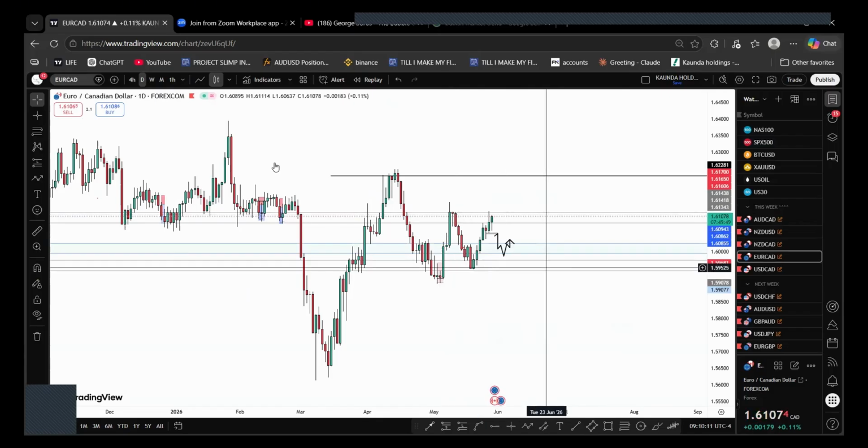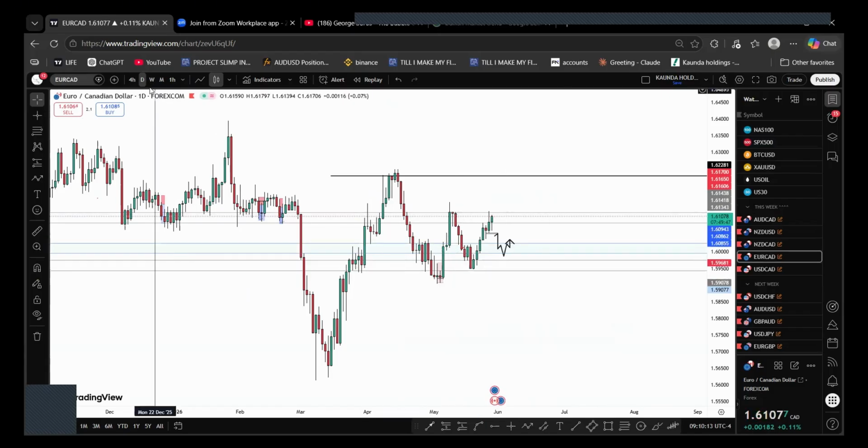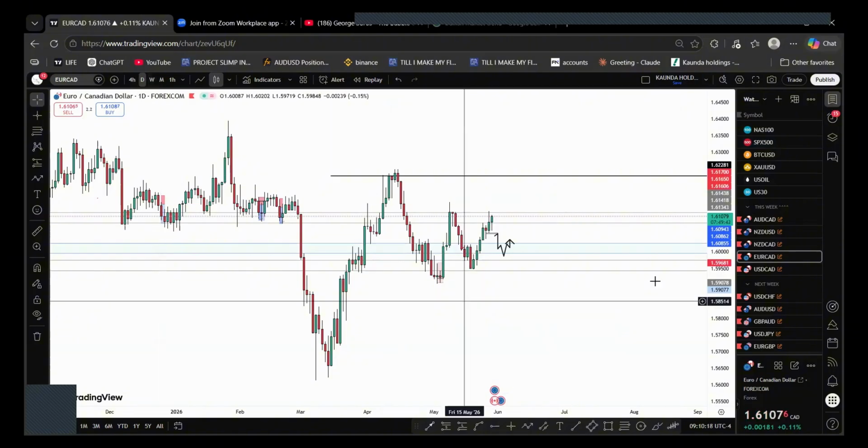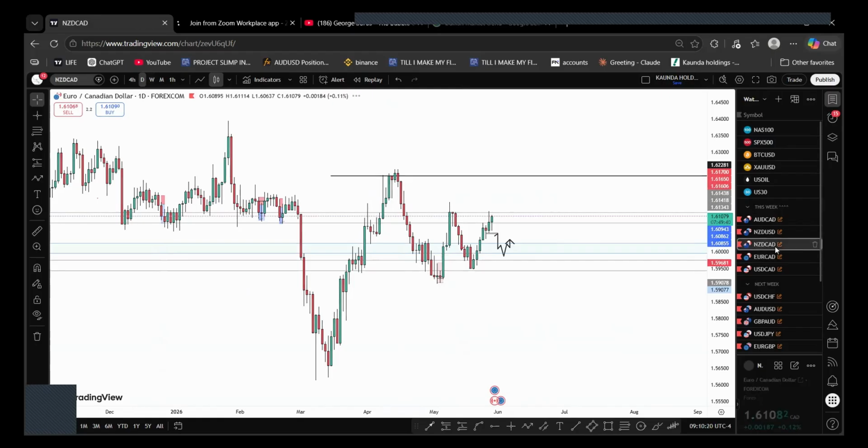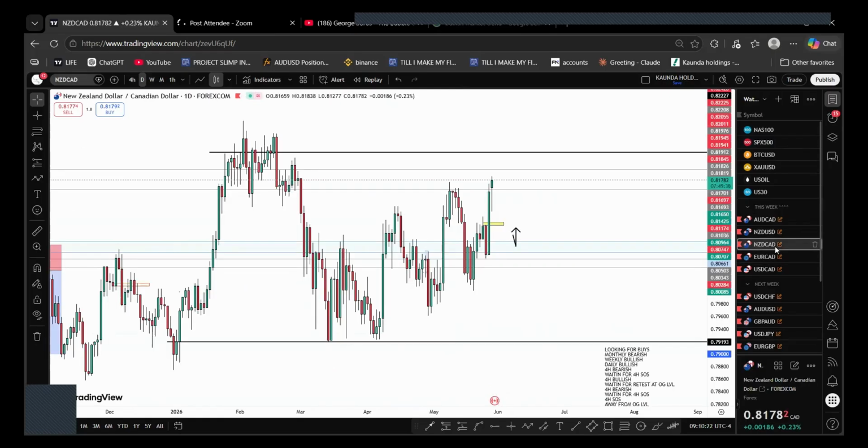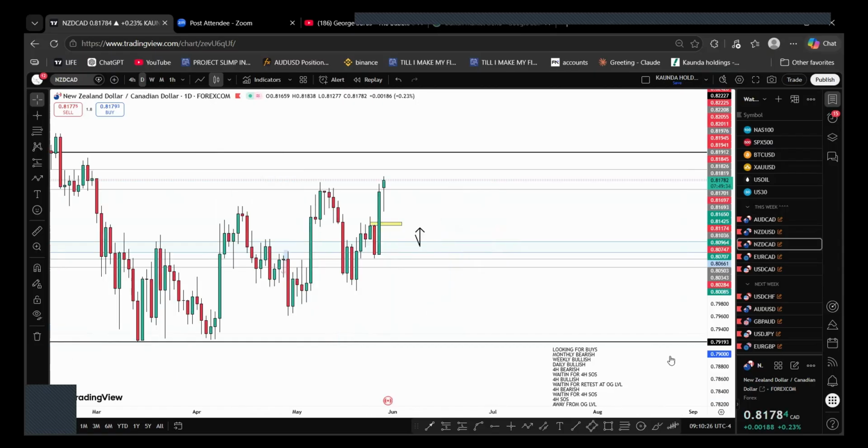What's left is maybe just waiting for price to come back here. NZD card, price also has failed to retest back this level.